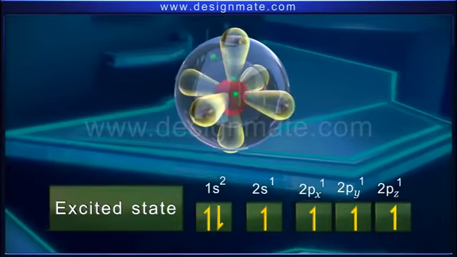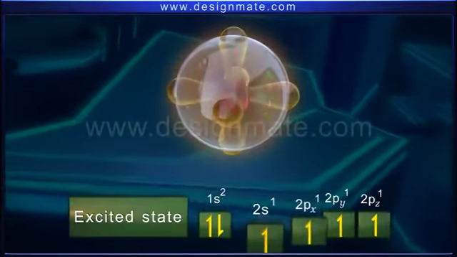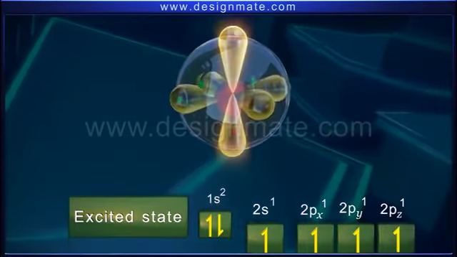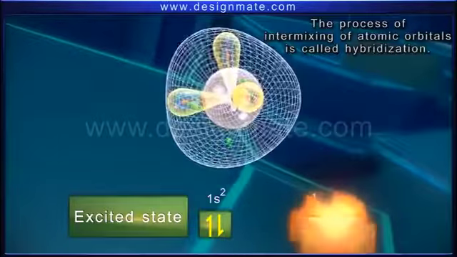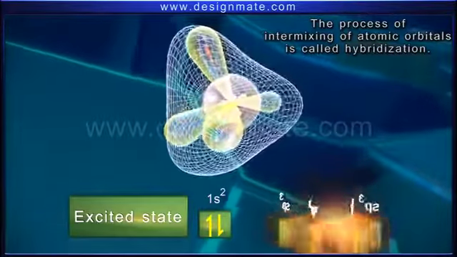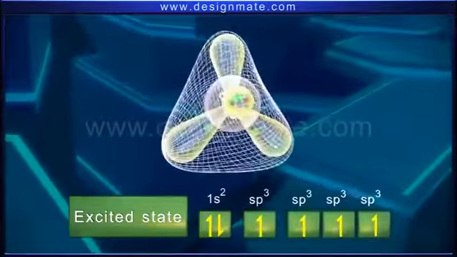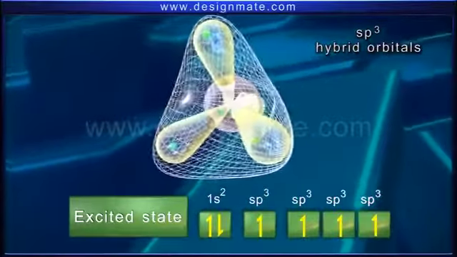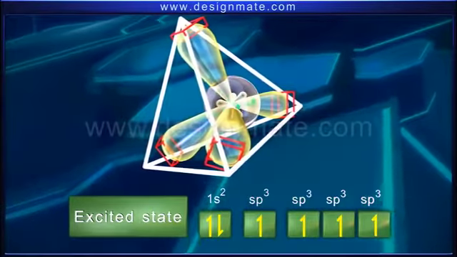In order to form 4 sigma bonds with other atoms, the 2s, 2px, 2py, and 2pz orbitals of this atom intermix. This process of intermixing of atomic orbitals is called hybridization. As a result, 4 equivalent orbitals called sp3 hybrid orbitals, directed along the 4 corners of a regular tetrahedron, are formed.